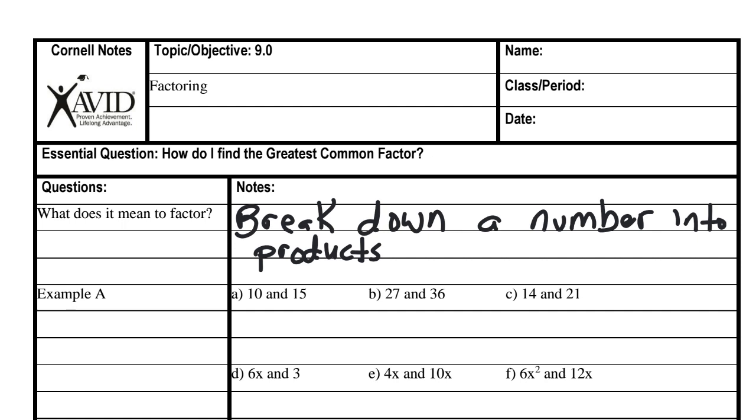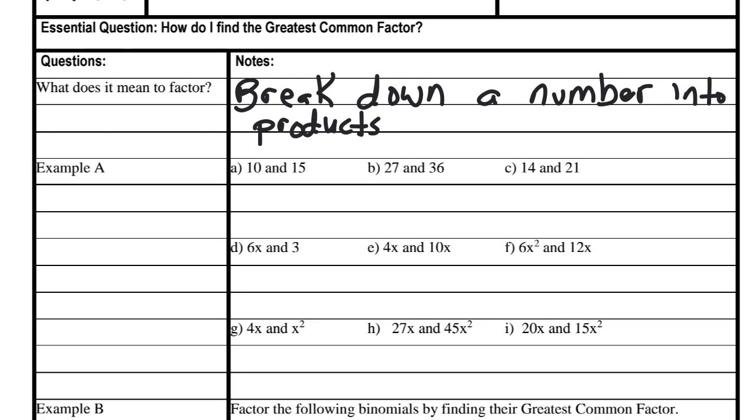It means if we look at example A, I'm looking at two numbers, 10 and 15. If I break down 10 into numbers that multiply to 10, that would be 2 and 5, and 1 and 10. Then I would do the same thing for 15.